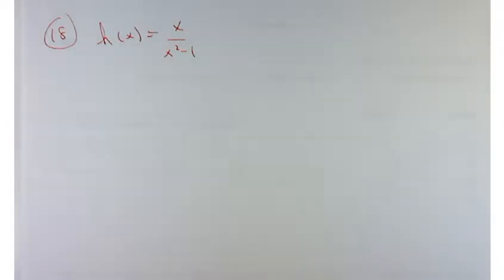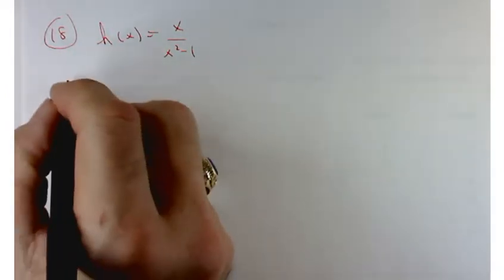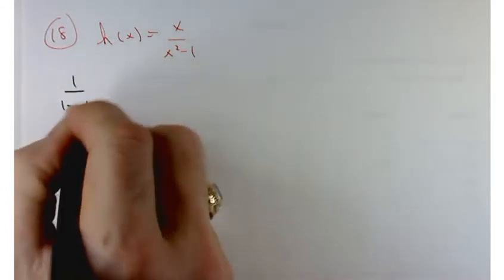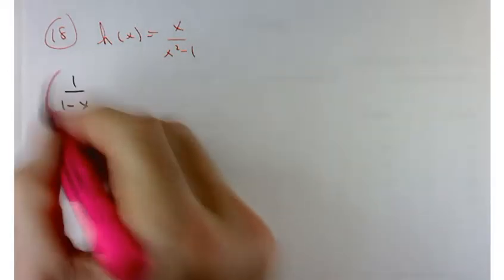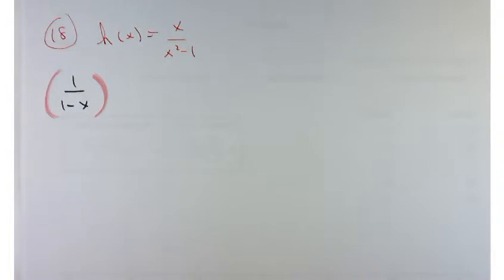And again, our goal is to rewrite this using a series. We need to manipulate it into something that looks like 1 over 1 minus x. So that's kind of like your near-term goal. What kind of things do you think we can do? What would be a good first step?